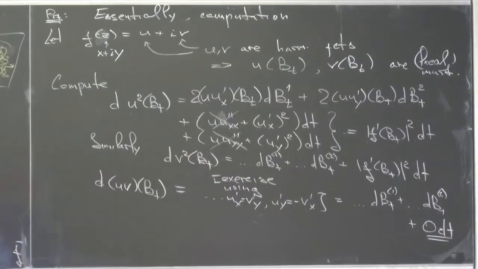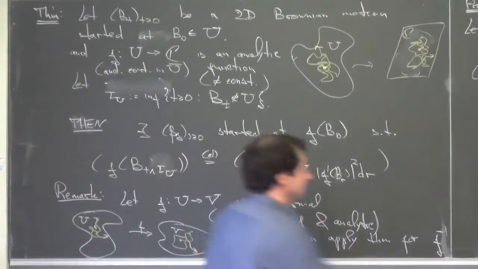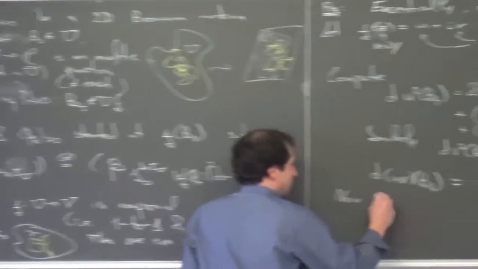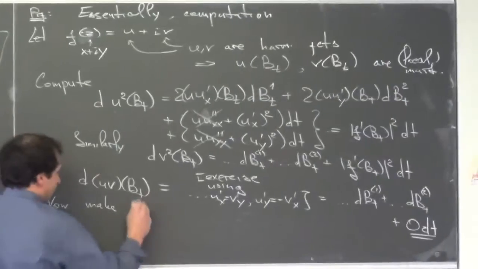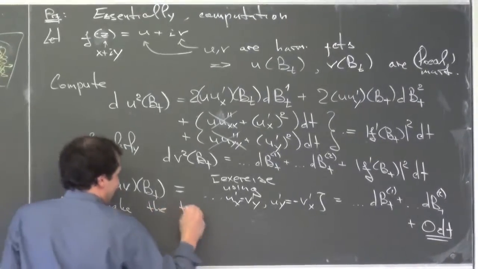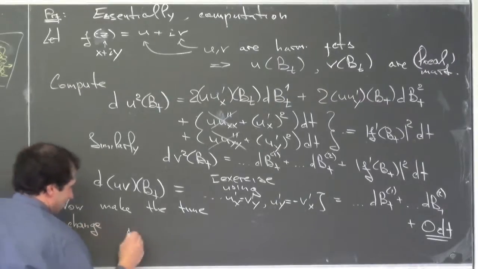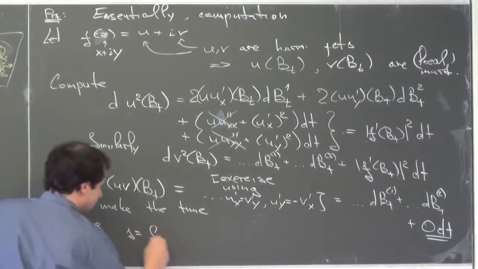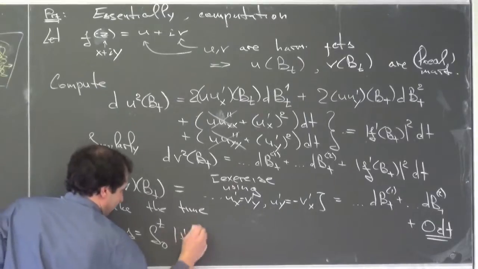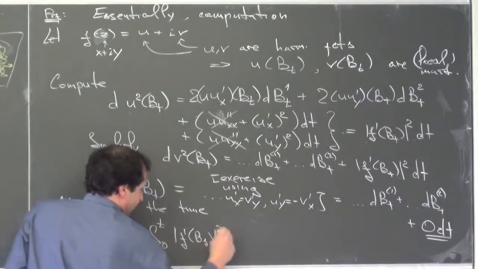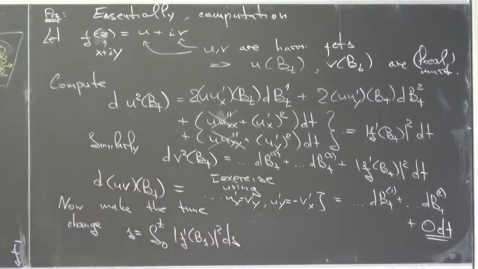And the bracket is 0. And now this is exactly the same situation as we had in the previous theorem. Now make the time change: s is this integral. And conclude exactly as in the previous theorem.